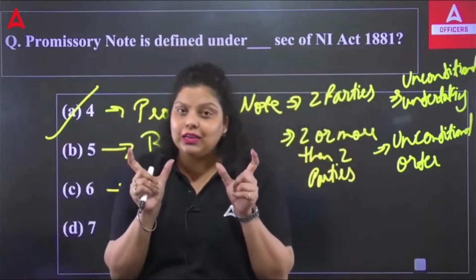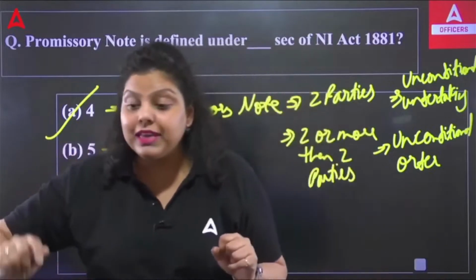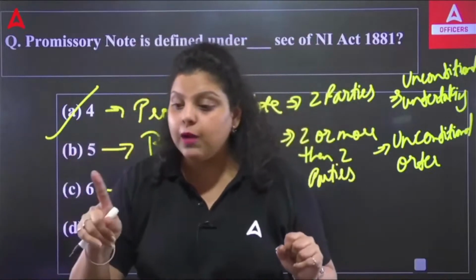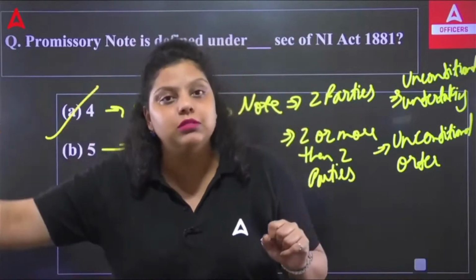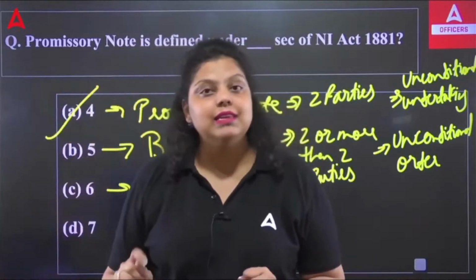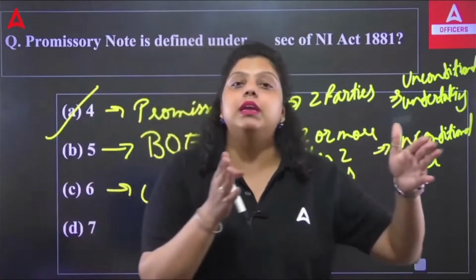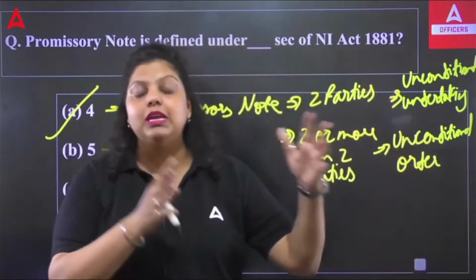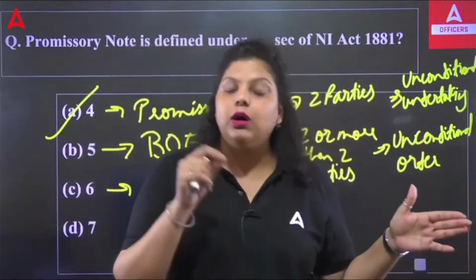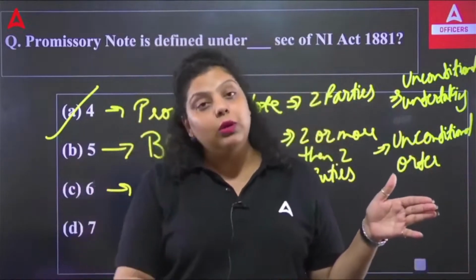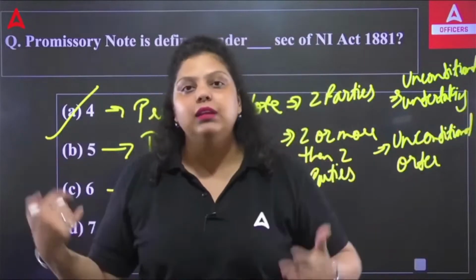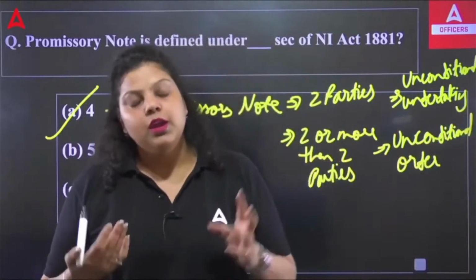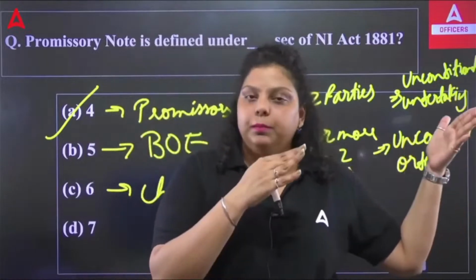Now, what does this unconditional undertaking mean? It means no matter what, if you have promised you are going to make payment on 13th of August, you have to make it possible. You can't add any condition such as, I will be giving you your payment on 30th of August if and only if my loan is approved by the bank, or my further trade payment has been received.